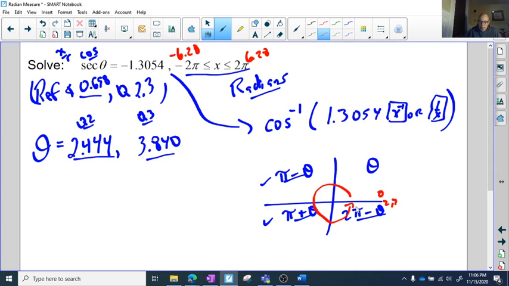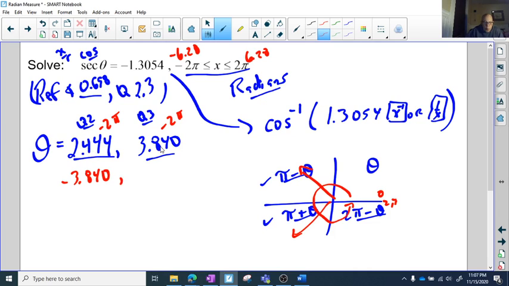Well, now I need to get the negative ones in the same place as the two that I just found. I found one over here and one over here. To get another angle in the same place as each of these, I can't get any more positive ones because they'd be too large, but I could take away, not 360 because we're in radians this time, but 2 pi. So 2.444 subtract 2 pi, negative 3.840.